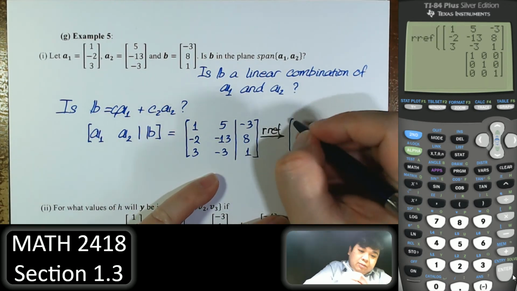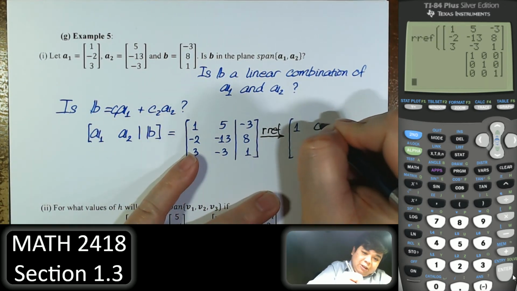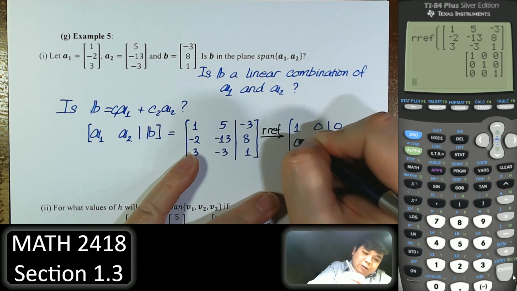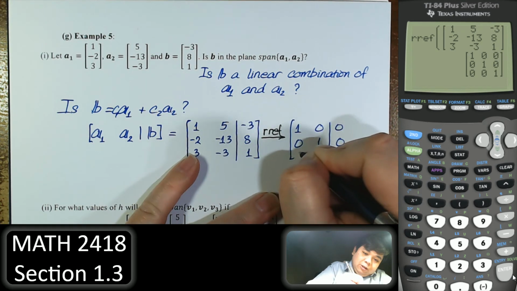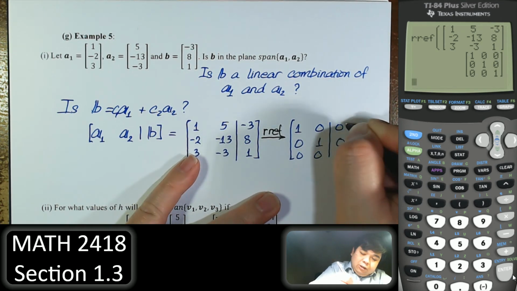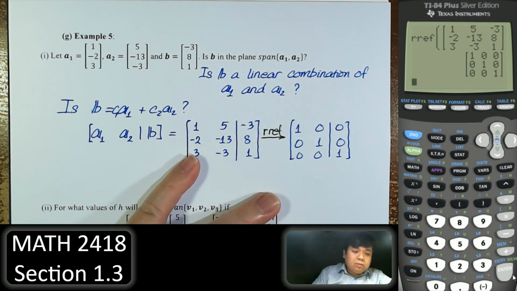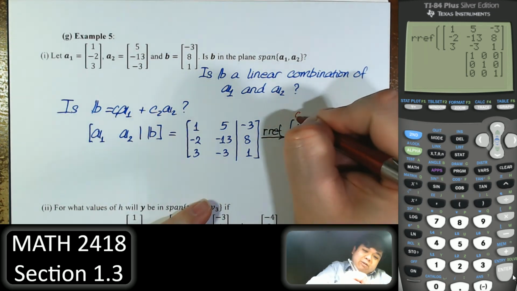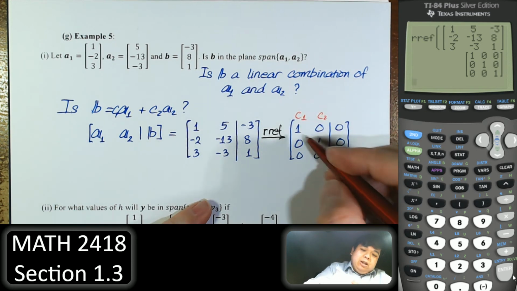Right. So I just want to write that so we have the variables C1 and C2.